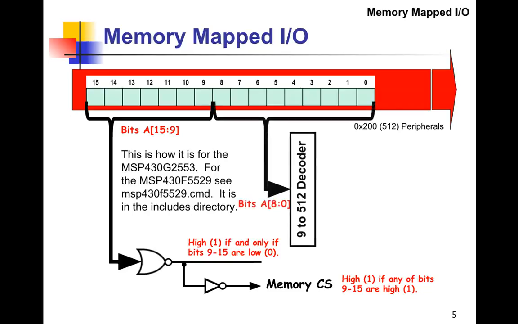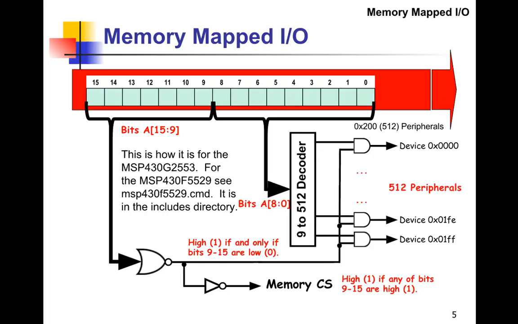And then we take part of the address, bits 0 through 8, 9 bits, and we run that to a decoder. It takes 9 bits and decodes 512 things, and that allows us to get 512 peripherals there, and it will select which one is in use based on what we actually sent to the address bus.